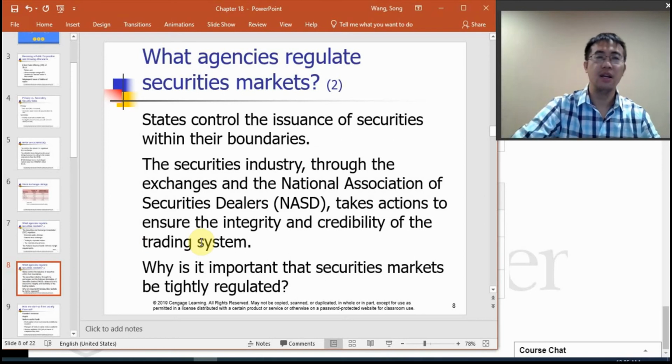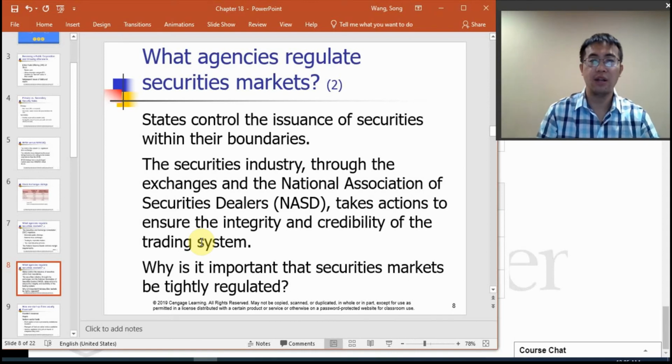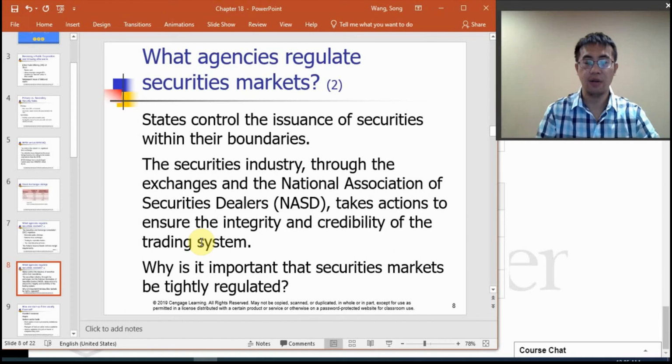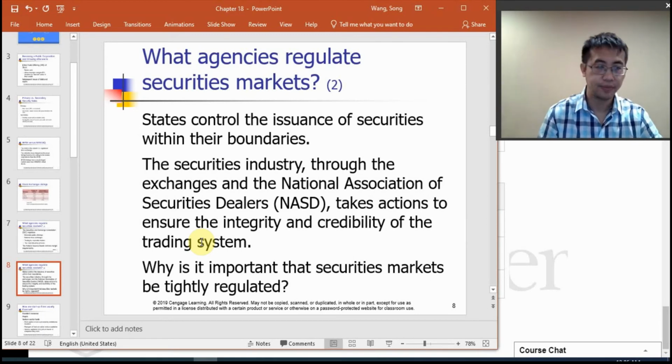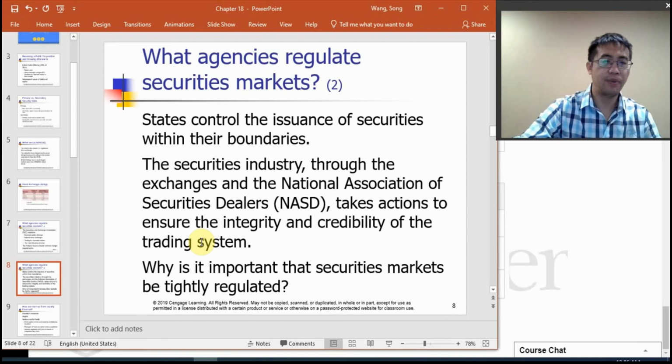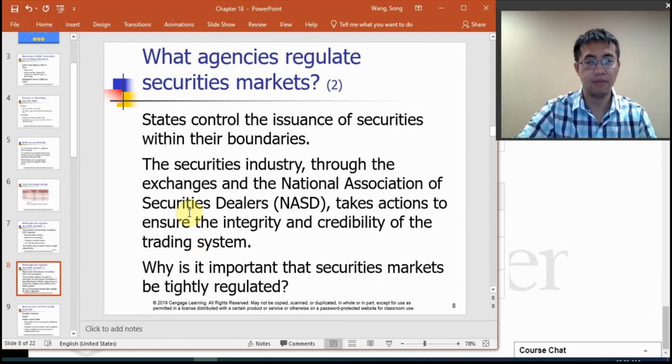So if any suspicious activities get discovered, they will report to the SEC, and they may also report to the FBI if insider trading has happened.